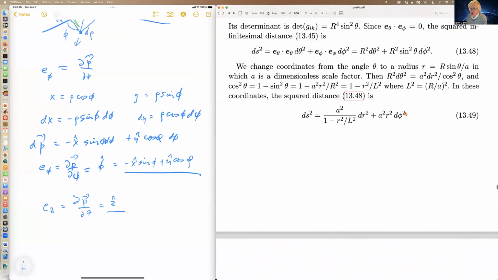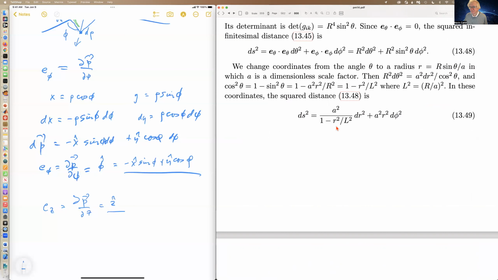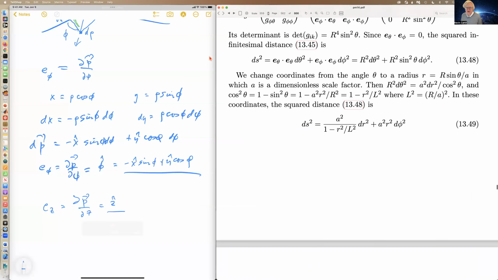I'll just say that if you change coordinates, you get it in the form that people have been using for standard cosmology. And it's just changing from an angle theta to a radius given by some radius of the universe times sine theta divided by some scale factor A. Actually, now that I think about it, why do we have a scale factor if R and capital R are both distances?